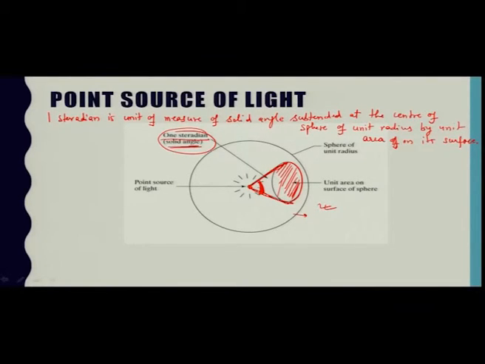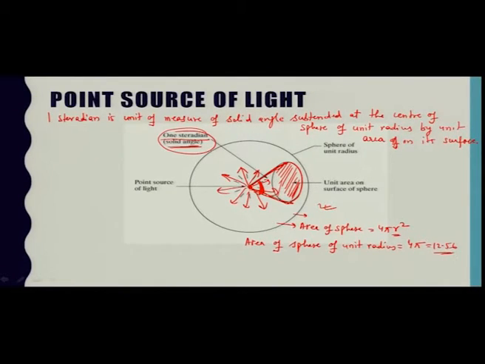So the point source radiates uniformly in all directions, and the total area of the sphere has a specific formula, 4 pi r squared. So for the area of a sphere of unit radius, r equals 1, and if we put that in, it comes out as 4 pi, which is around 12.56.